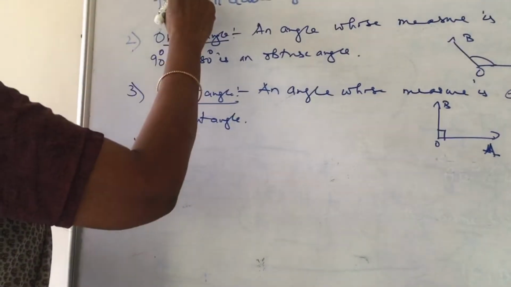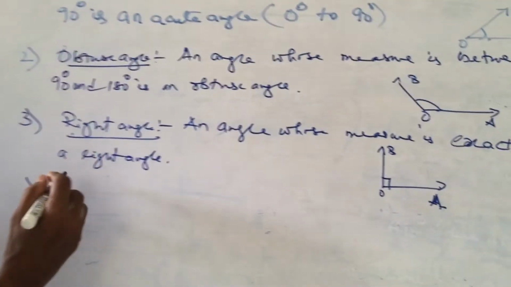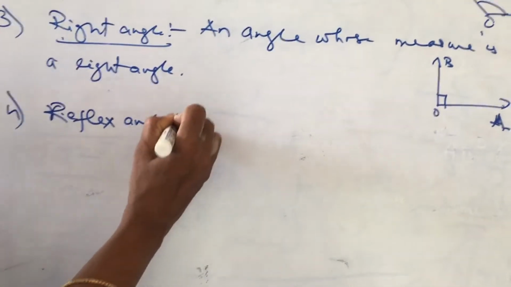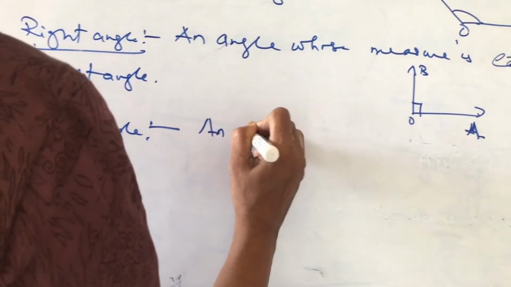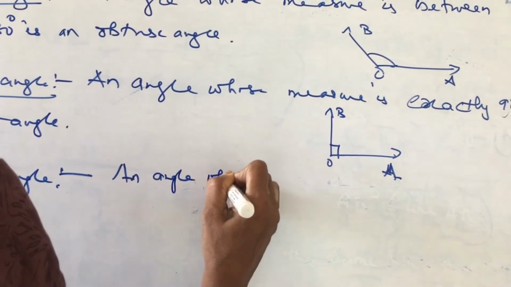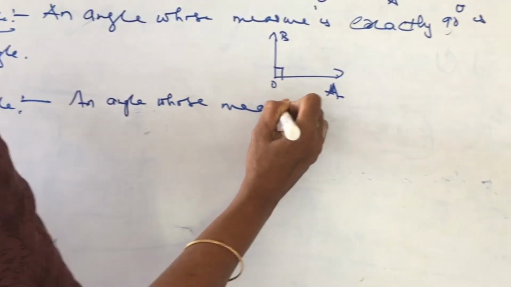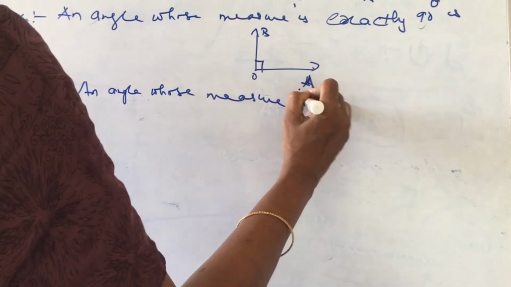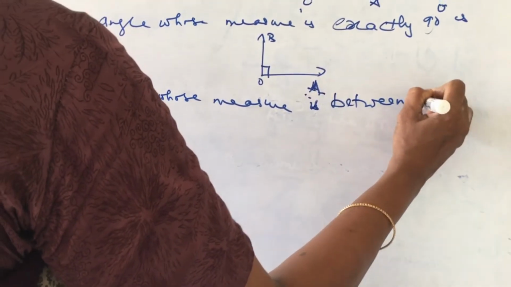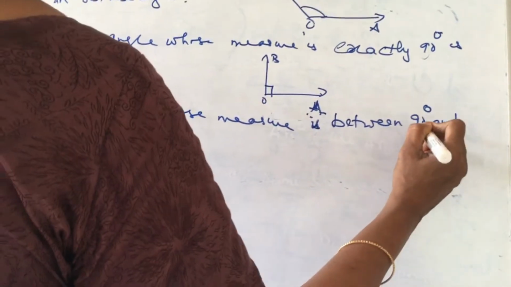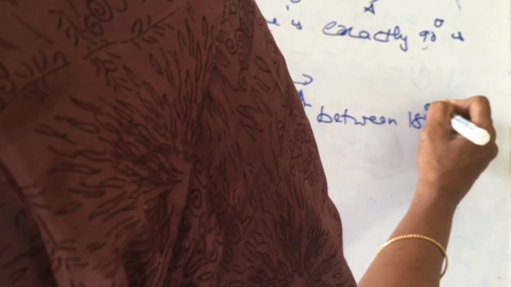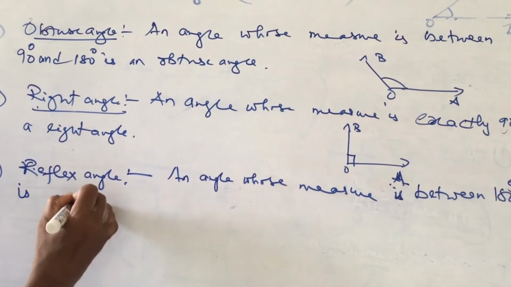Acute, obtuse, right. Next comes what? Reflex angle. An angle whose measure is between 180 degrees and 360 degrees is a reflex angle.